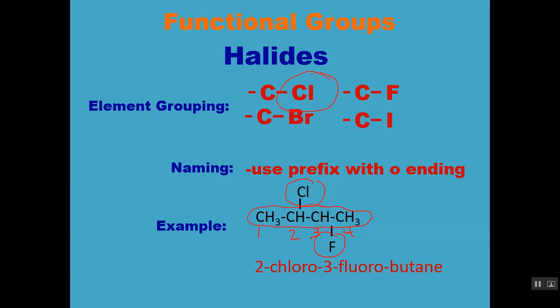Then we would say 3-fluoro, again, because after the chlorine, we see the fluorine is on the next hydrocarbon. And then we would say butane. Again, the numbers identify the location, so 2-chloro, 3-fluoro. Butane identifies the hydrocarbon parent chain, and we are done. That's it.